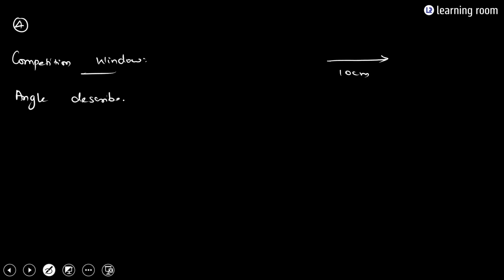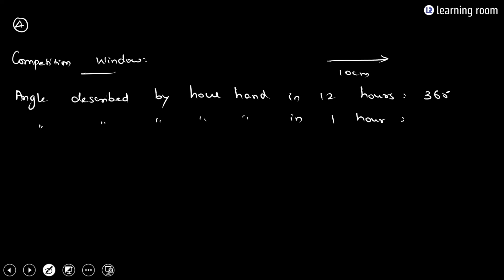Angle described by the hour hand in 12 hours is how much? 360 degrees. It means the hour hand is going to take one complete revolution. It takes 12 hours to complete 360 degrees. So the angle described by the hour hand in 1 hour is going to be how much? It will be 360 divided by 12, which is 30 degrees.